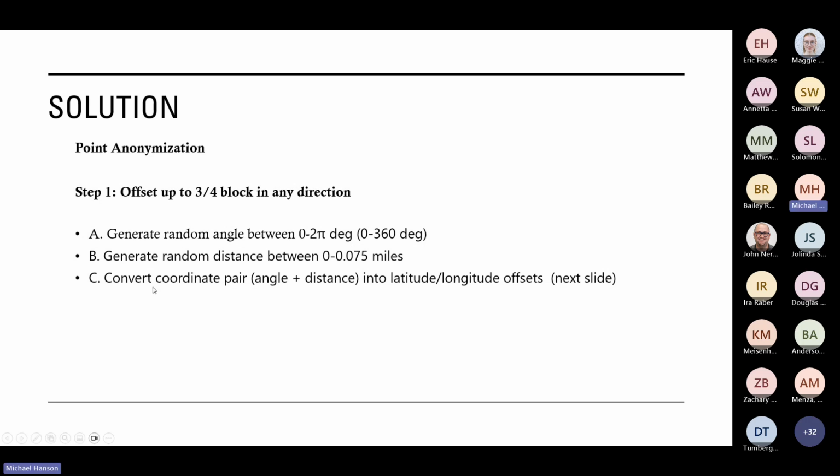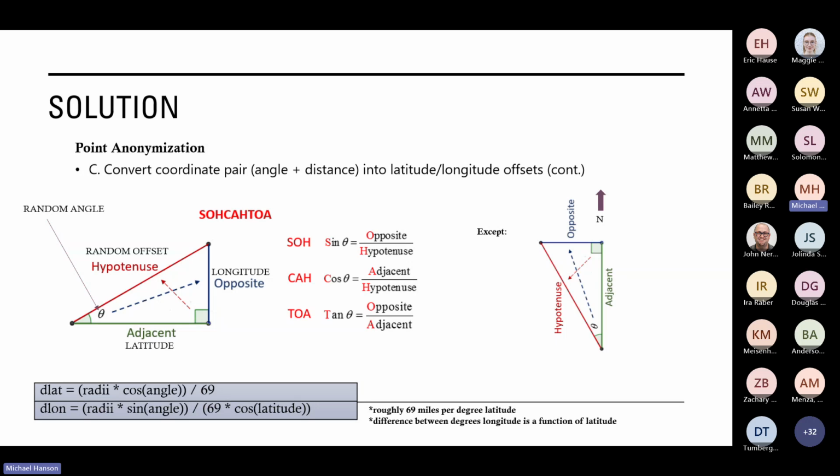The next step was to convert the coordinate pair into latitude and longitude offsets. And I'll just go through the process for this. It was a little more tricky. If you can recall SOHCAHTOA from high school or college trig class, basically just having that random angle and that random offset already generated gives us two givens to help us solve algebraically for either longitude or latitude using sine and cosine respectively.